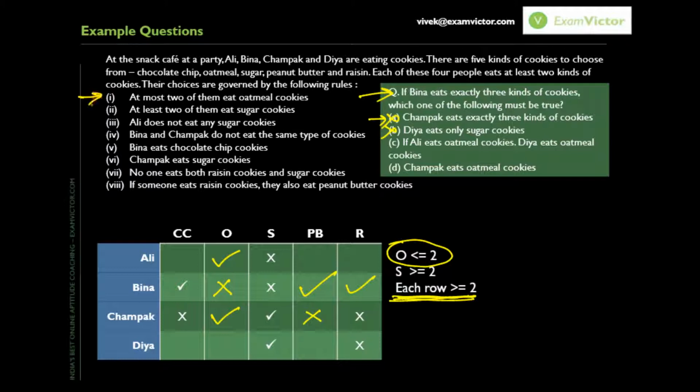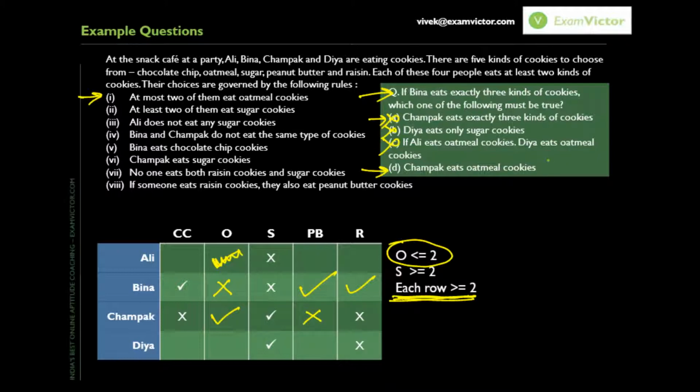At most 2 of them eat oatmeal cookies. So you can't have a third tick for Diya. So option C is also gone, which leaves you only with option D, which you already know is the right answer because you already implied it. Champak eats oatmeal cookies.